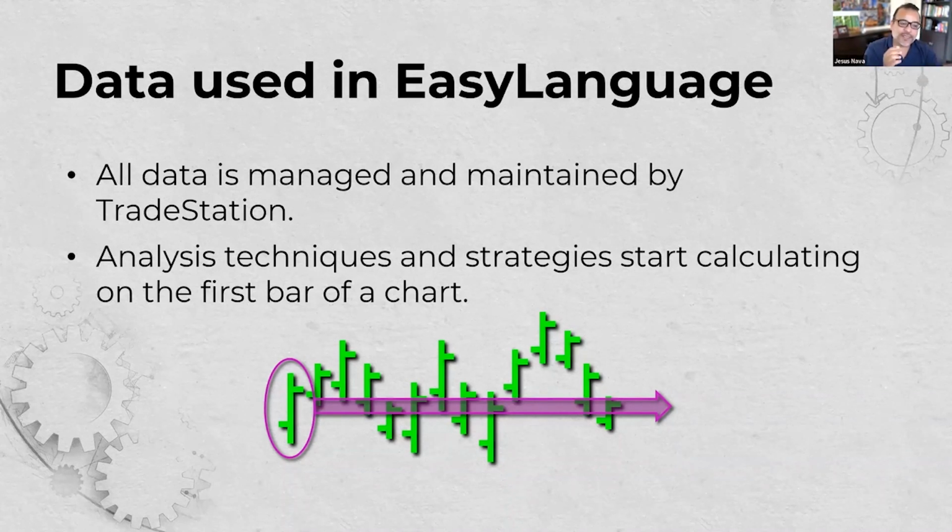As soon as the chart is updating tick by tick, your analysis techniques and strategies will update tick by tick. One thing to keep in mind, Rod, is that the strategy performance report only accounts for closed trades. Anything that's happening in real time is not factored into the strategy performance report.